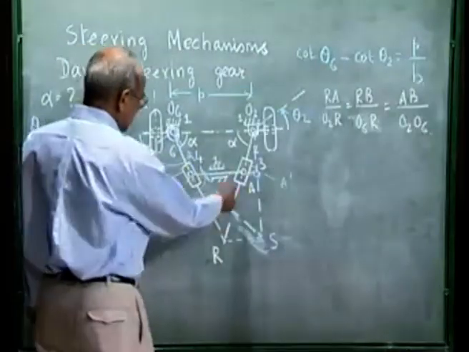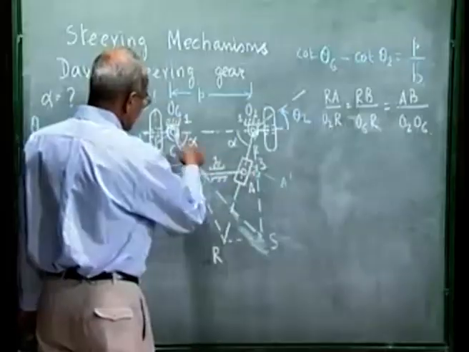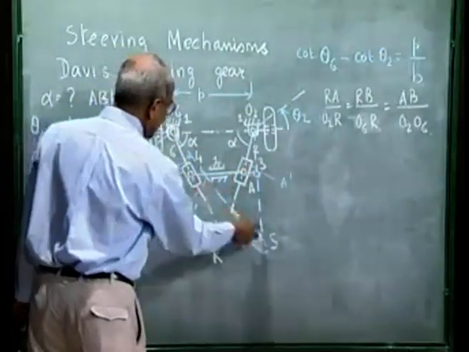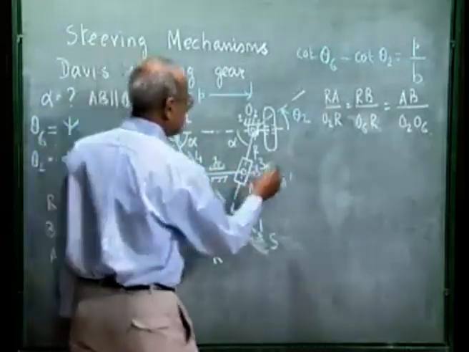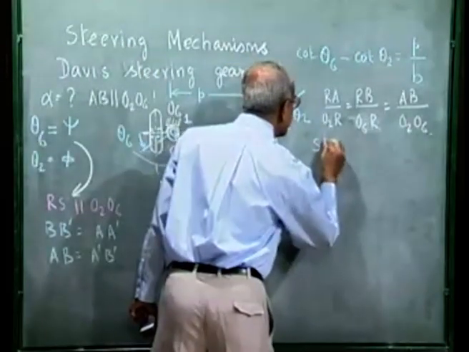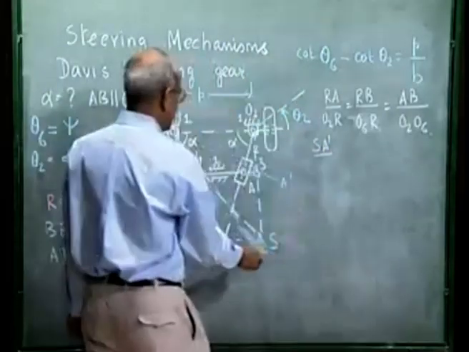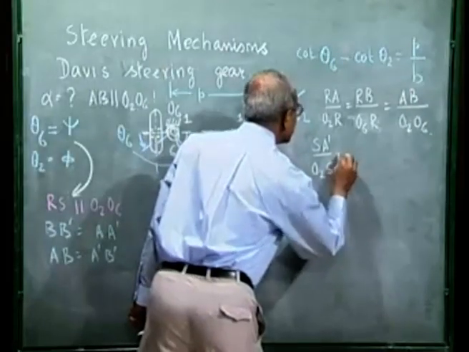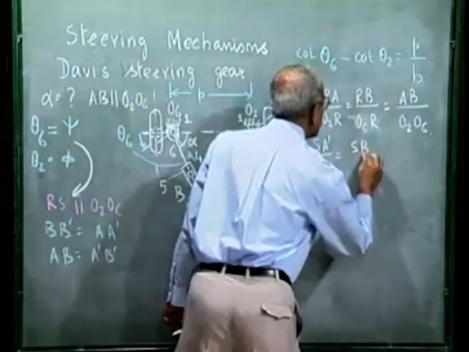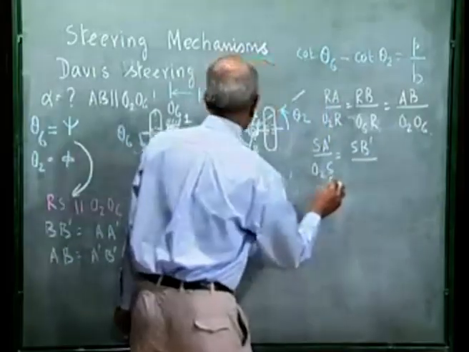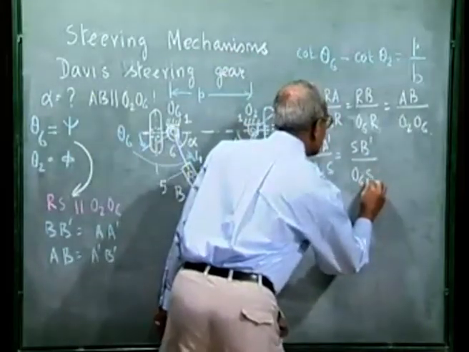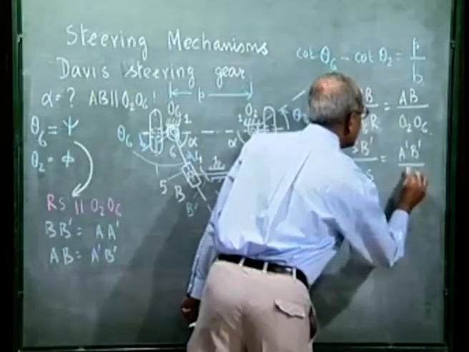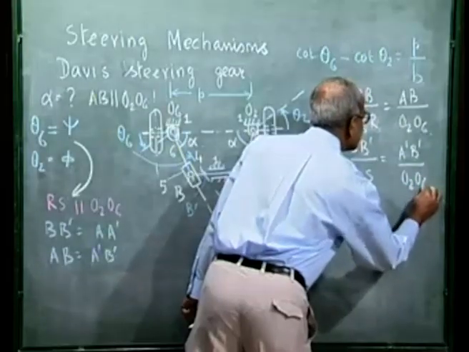Now, A prime B prime is again parallel to O2O6. So for these two triangles, S A prime B prime and S O2O6, we can write similar relationships, that is S A prime divided by O2S is S B prime by O6S, which is A prime B prime by O2O6.